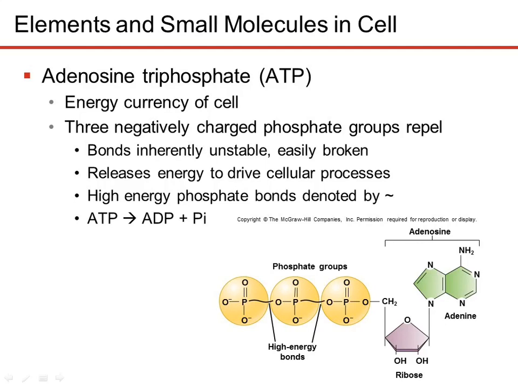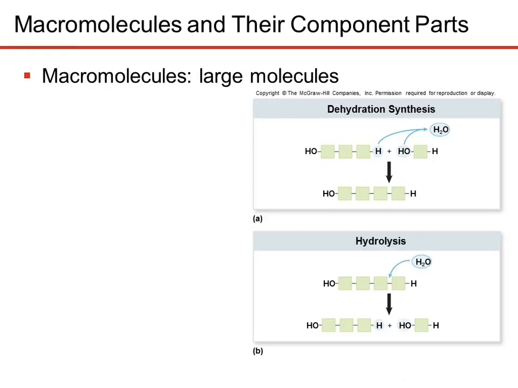When you break this bond, then you make ADP and you release an inorganic phosphate into the environment. If you were then to subsequently break this bond, you would release another inorganic phosphate, and then you would make AMP, adenosine monophosphate, right? Everybody good with that?